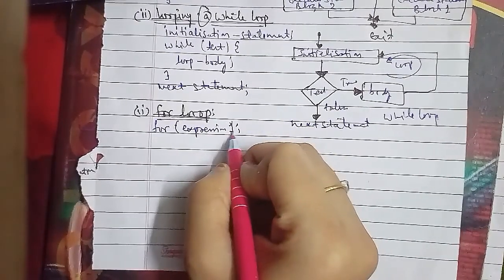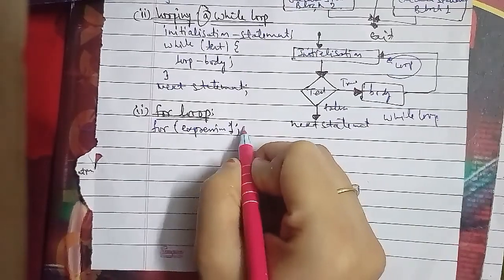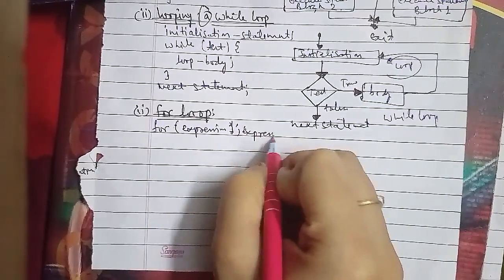So this is the for loop condition that has been following, and for that we have a block diagram as well.